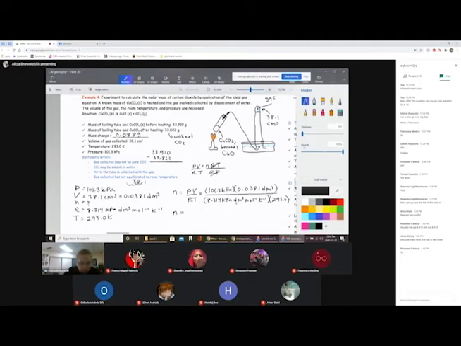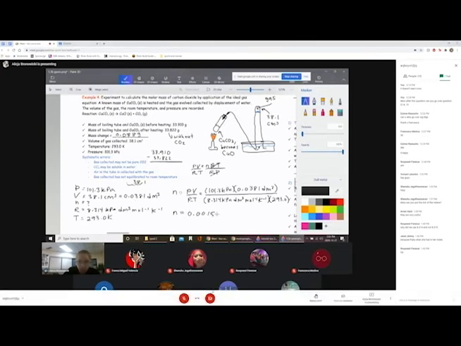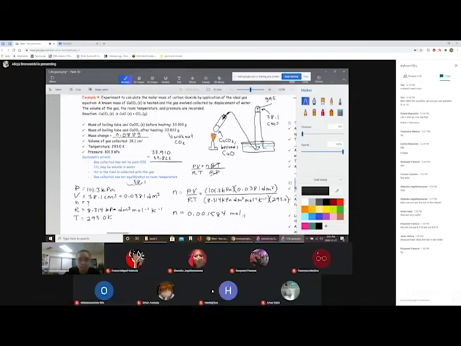I put all of that into my calculator and I get 0.001584 moles.